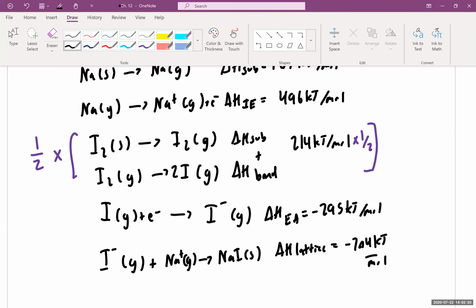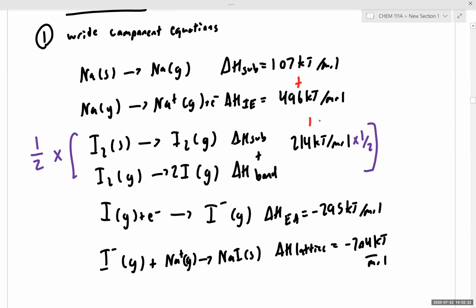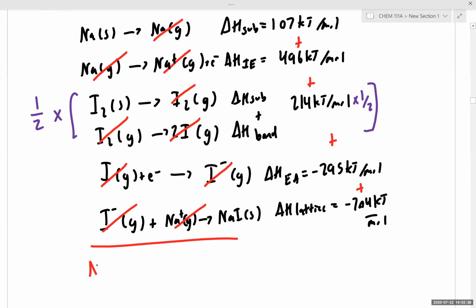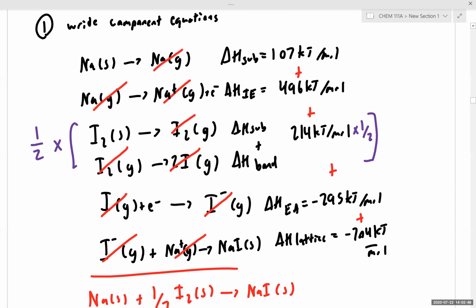So adding our equations together for each step in the Born-Haber cycle, sodium cancels, iodine cancels, iodide cancels, sodium plus cancels, and we're left with sodium solid plus 1/2 iodine solid leads to sodium iodide solid.